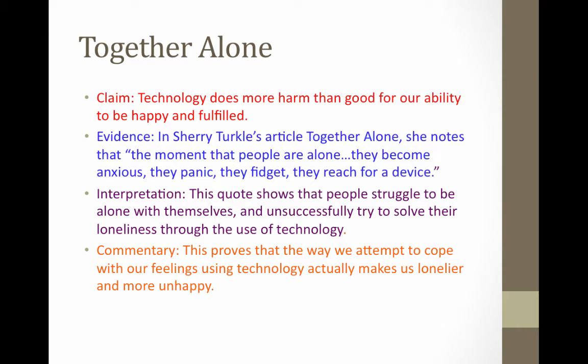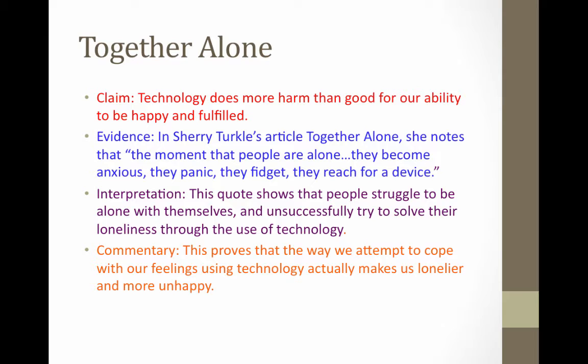And now my commentary has to link back to that claim in red. My commentary is, this proves that the way we attempt to cope with our feelings using technology actually makes us lonelier and more unhappy. So notice that the orange commentary connects back to this idea that technology does more harm than good, and it explains how the evidence and interpretation back up that claim.